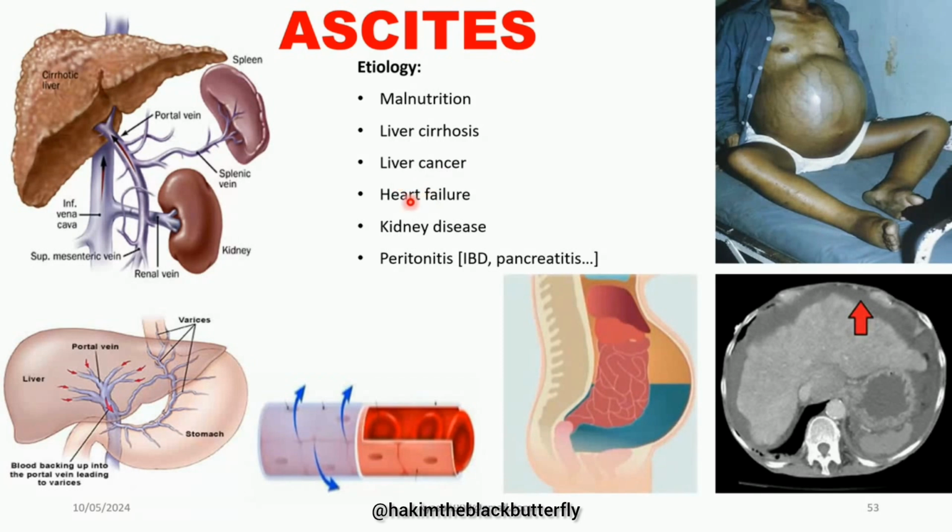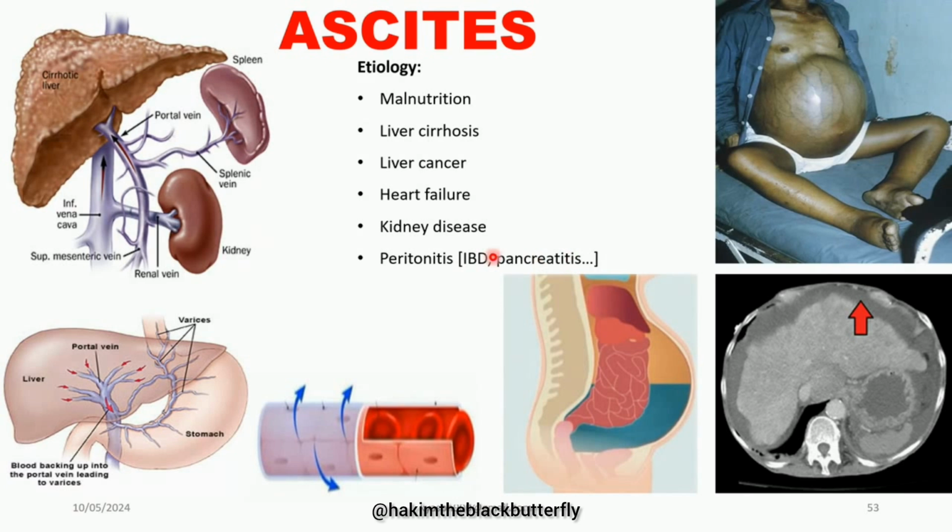Then patients with peritonitis, this means inflammation of the peritoneal membranes, could be as a result of leakage of contents from the pancreas in patients with chronic pancreatitis. Could be because of an inflammatory bowel disease.